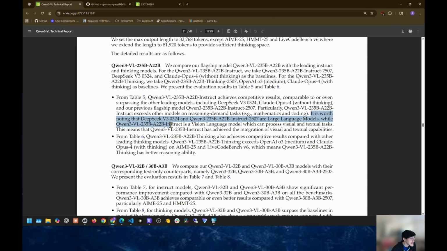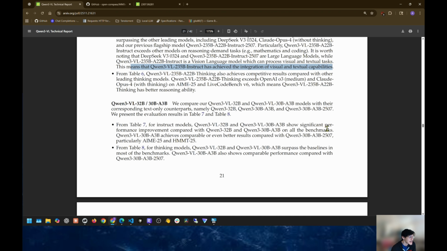It is worth noting that DeepSeek V3 0324 and Qwen3 235B A22B Instruct 2507 are LLMs, while Qwen3 VL 235B A22B Instruct is a VLM, which can process visual and textual tasks. This means that Qwen3 VL 235B Instruct has achieved the integration of visual and textual capabilities.